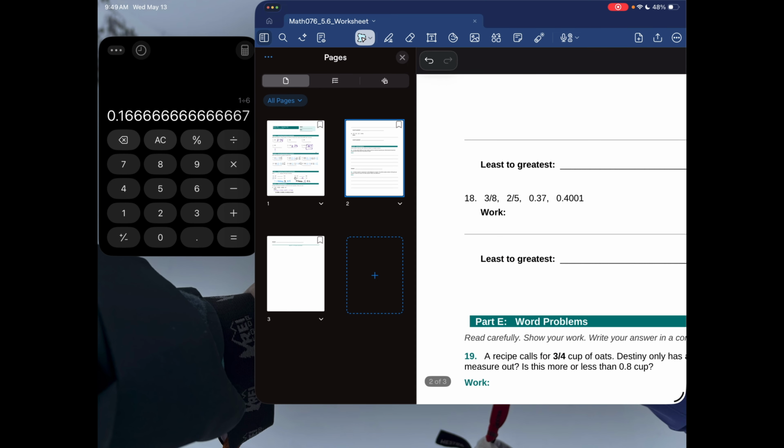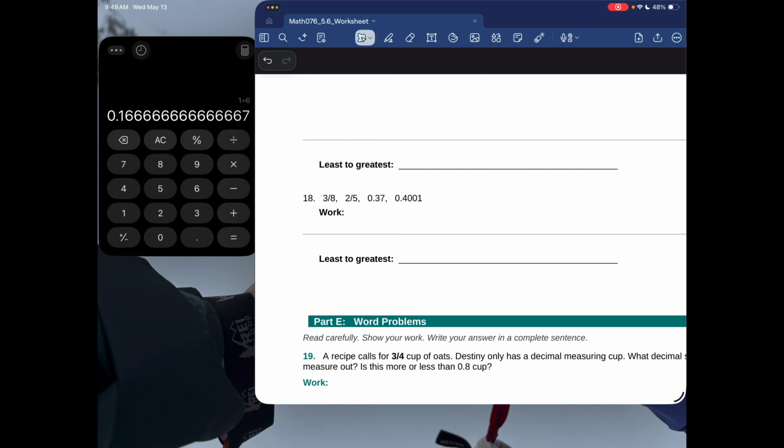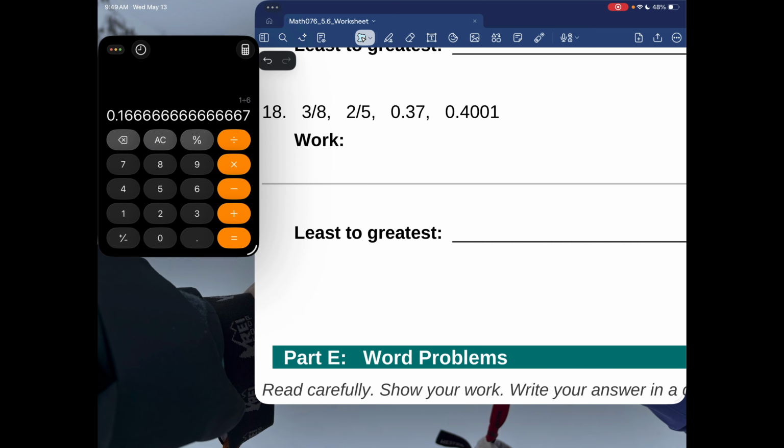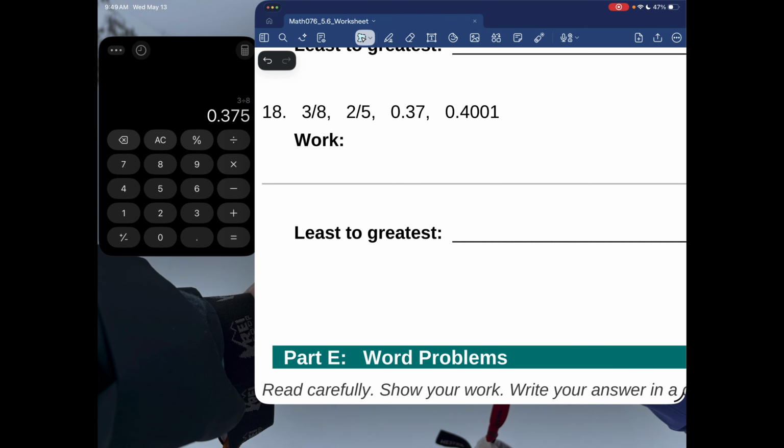Okay, we got one more to do. So this one I've got some decimals and I've got some fractions. So I'm going to convert my fractions into decimals. So over here I got 3 divided by 8 is 3/8.